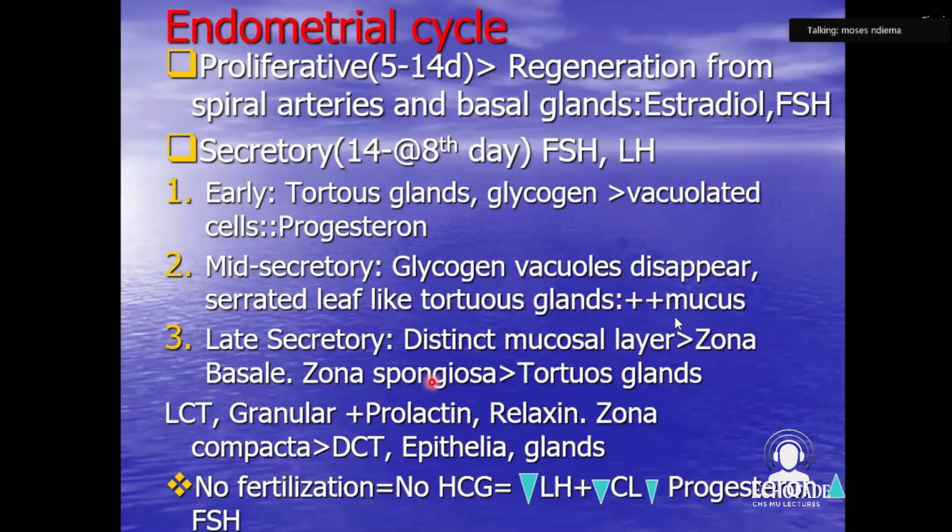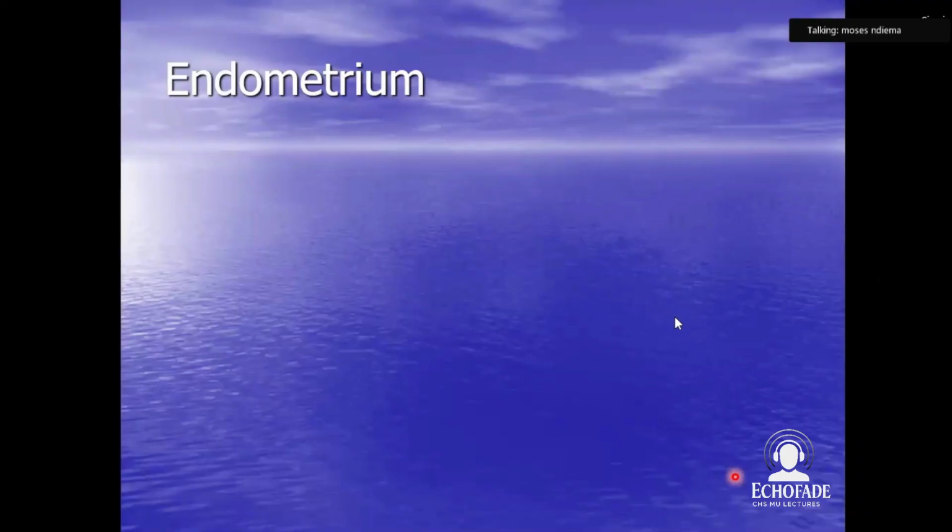So as a result of this reduction in progesterone, we now end up with the coiling of the coiled arteries. Then there is denial of the blood supply to the superficial layer of the endometrium, that's stratum functionalis, and then we have the menses.